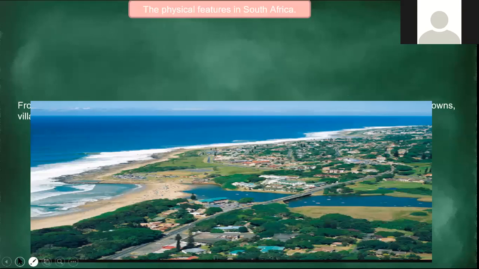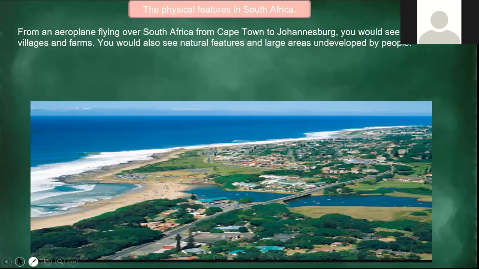From an aeroplane flying over South Africa from Cape Town to Johannesburg, you will see cities, villages, and farms. So when you are traveling by aeroplane, you will see places such as cities, towns, villages, and farms.